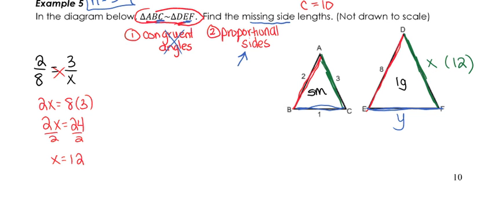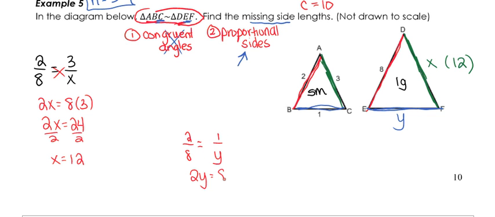And then I'm going to set up a completely separate proportion to solve for the blue sides. I'm still going to compare my red sides, 2 and 8, because I know those, equals 1 over y. So again, I just did the smaller red side over the larger red side equals the smaller blue side over the larger blue side.